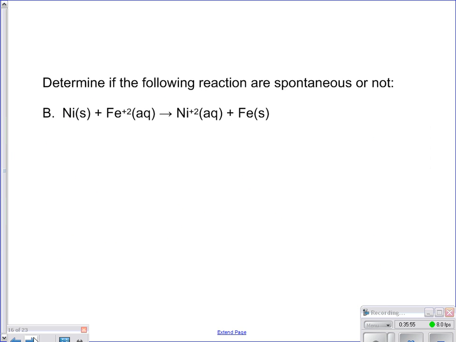Okay, so next one. Here it says that we've got nickel and iron, so I'm going to break this up into our half reactions. And hopefully you guys notice that I'm just keeping things that are reactants as reactants, things that are products remain as products.